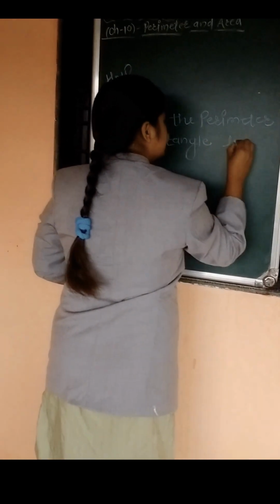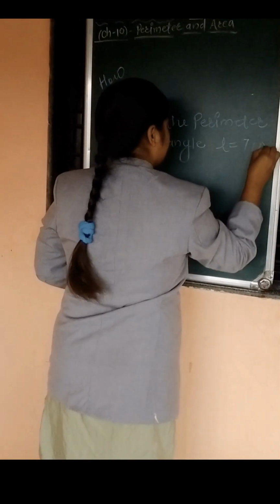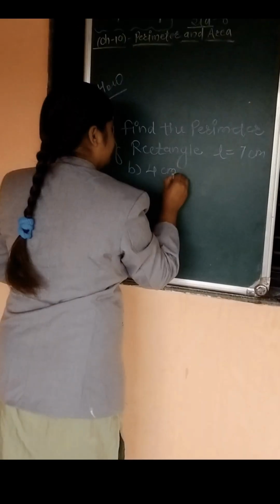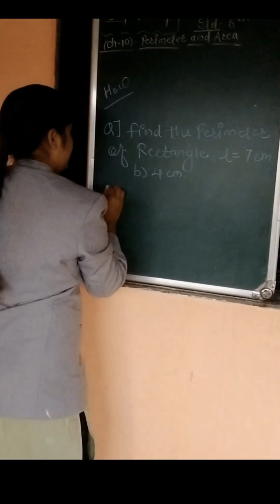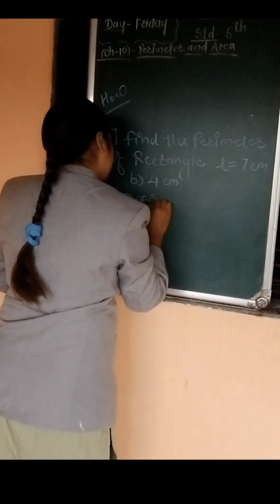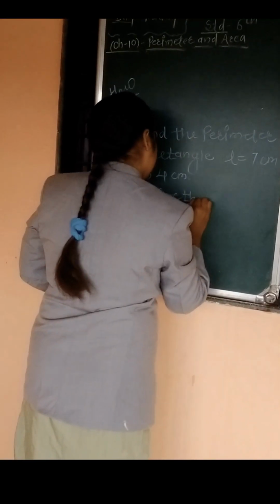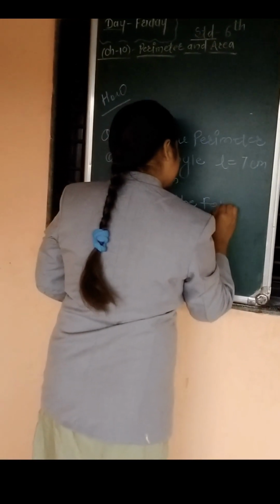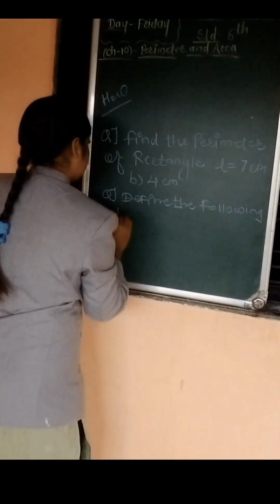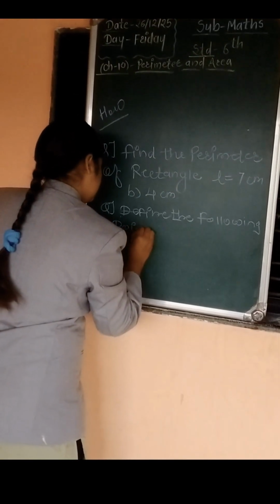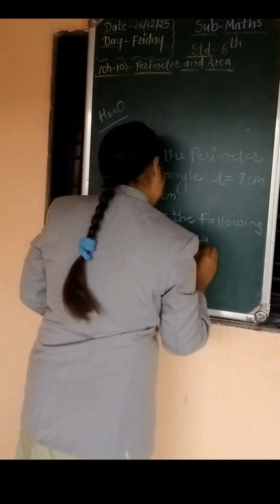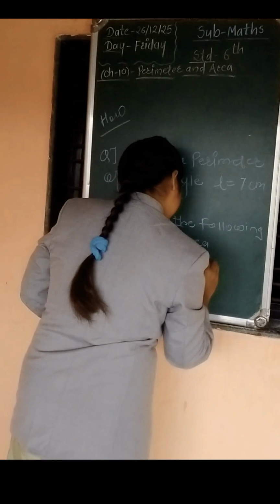Here L is 7 centimeter and B is 4 centimeter. And you also have to define the following points: area, perimeter.